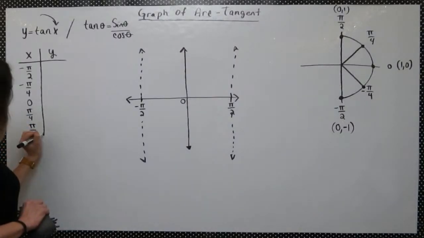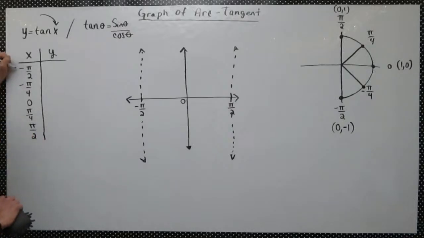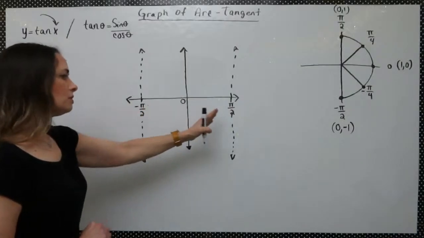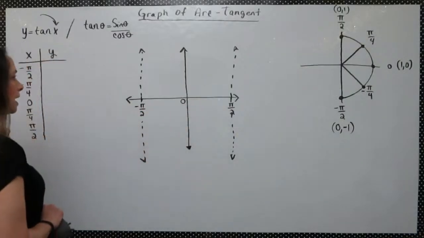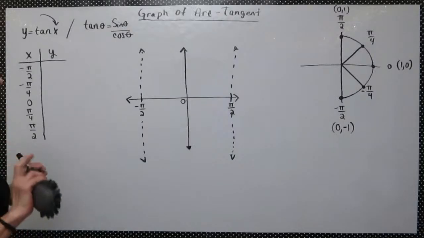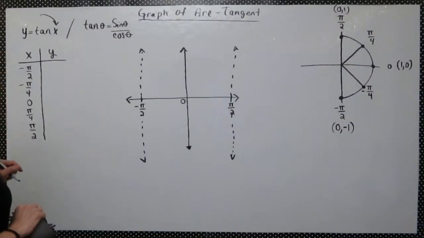And again, we're listing these from least to greatest, from the leftmost value all the way to the rightmost value. And we're just going to get a general behavior so that we can see the differences between those two graphs. This will also help us sketch the graph of the arctangent pretty easy too.